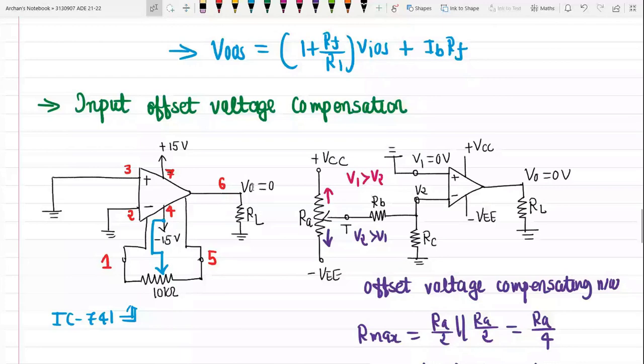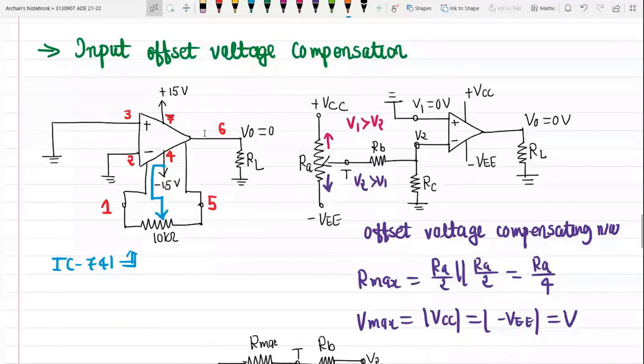Similarly, we will try to design the offset compensating network for closed loop configurations also. In both these circuits, we have not connected the closed loop, and it is the general tendency that we use op amp in closed loop configurations only.